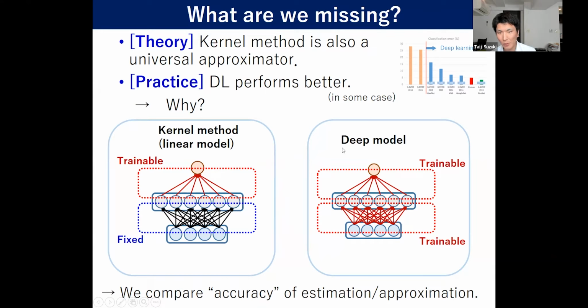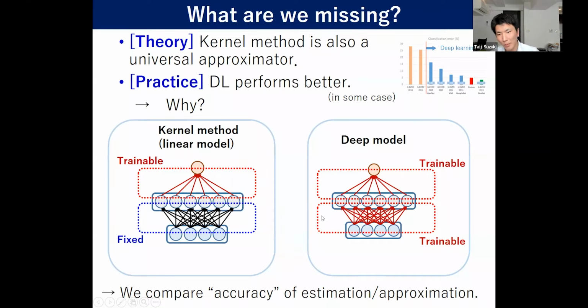On the other hand, in deep neural network models, we can train the first layer's parameters. Maybe you think this difference is very small, but this difference makes a huge gap in the performance of learnability. This is a significant difference. Just a one-layer difference has a large impact on performance.